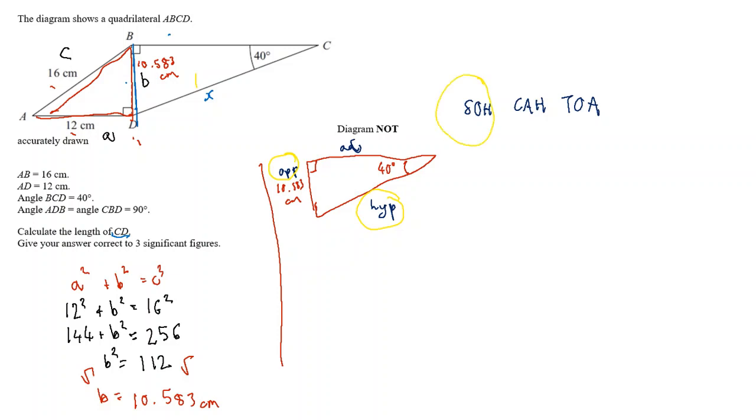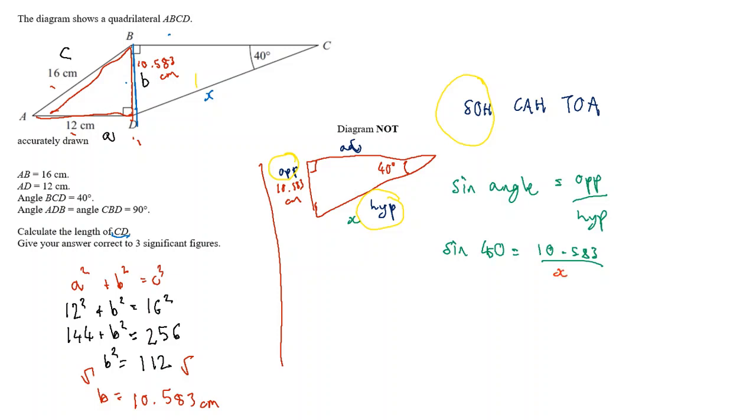So we write out our formula for sin, which is sin angle equals opposite over hypotenuse. We rewrite this: sin 40 equals, sorry, that's just a 40, it's a horrible looking 40, equals the opposite, 10.583, over my hypotenuse, which up here I called x, over x.